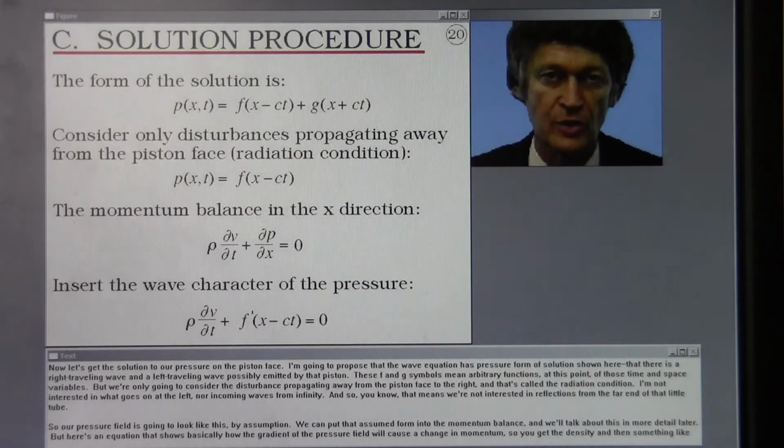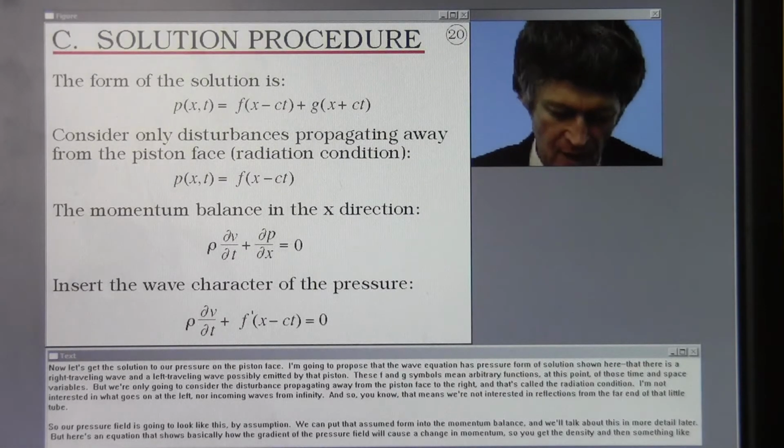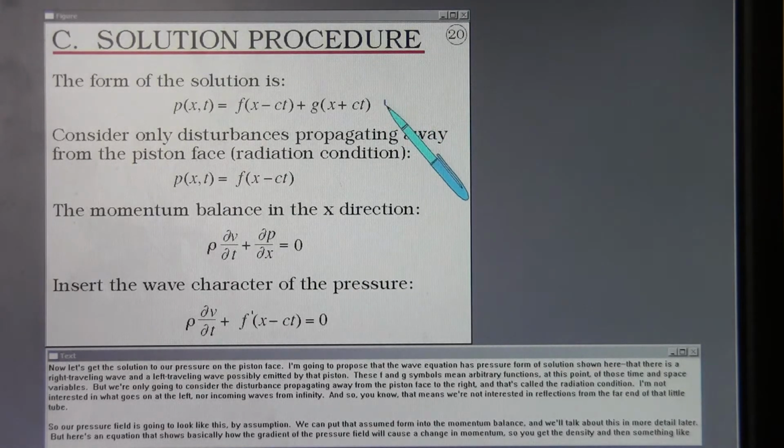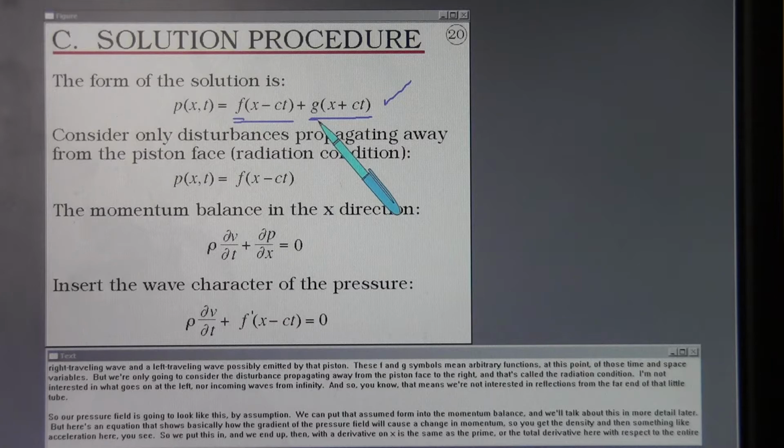Now let's get the solution to our pressure on the piston face. I'm going to propose that the wave equation has the pressure form of solution shown here, that there's a right traveling wave and a left traveling wave possibly emitted by that piston. These F and G symbols mean arbitrary functions at this point of those time and space variables.